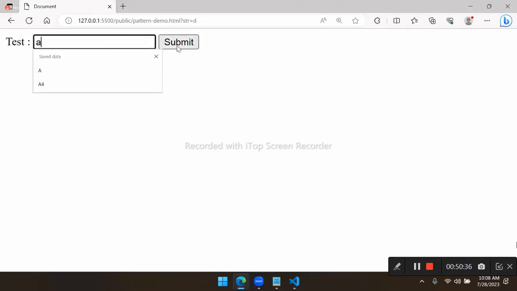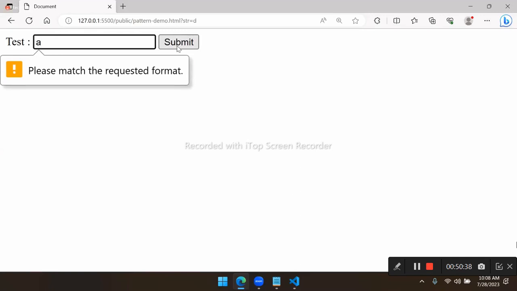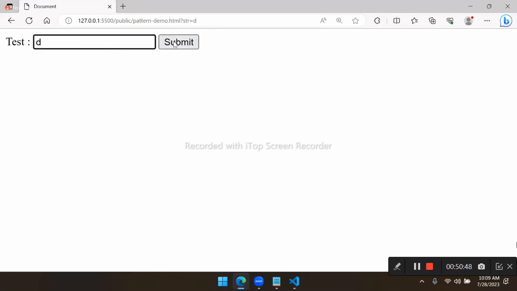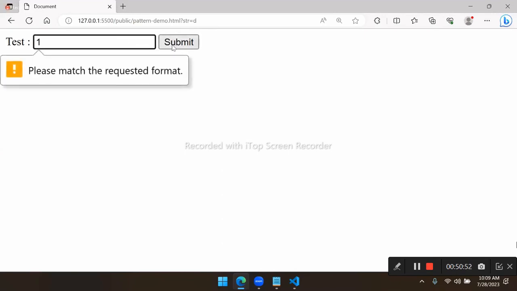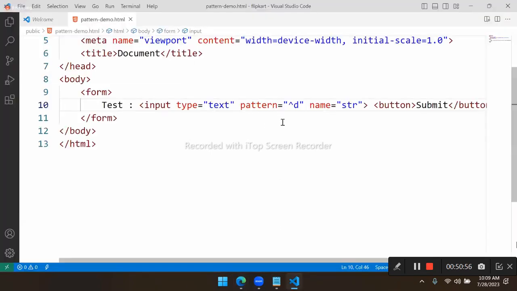I entered A and submit. It is not submitting. Now I enter B and submit. It's not submitting. It is submitting only D. Anything else is not allowed to submit. That means this excludes D and restricts all others.